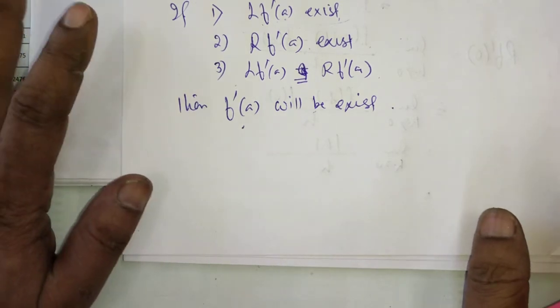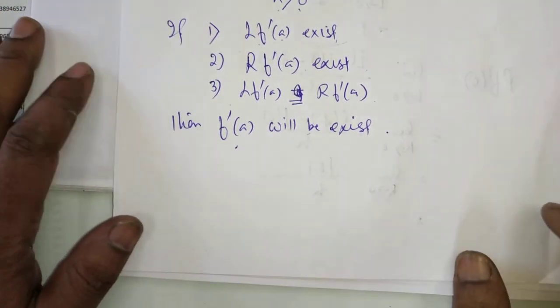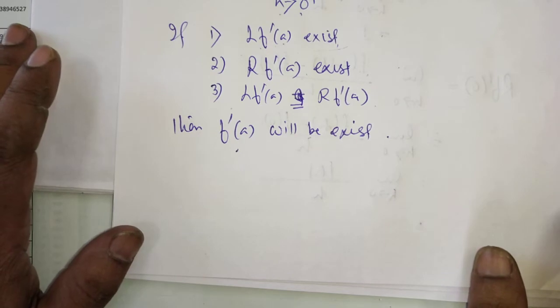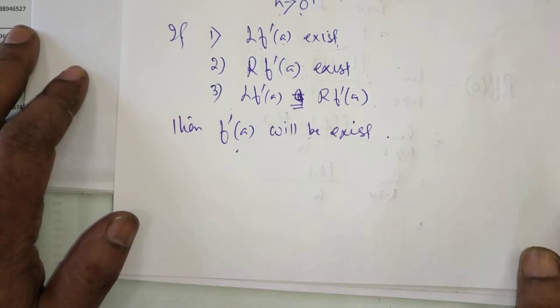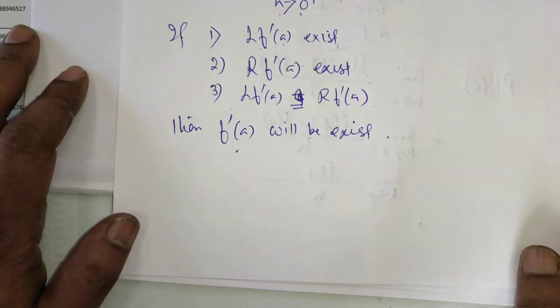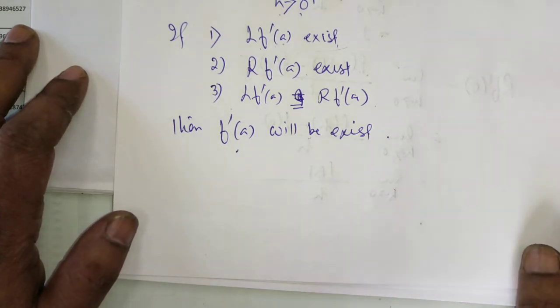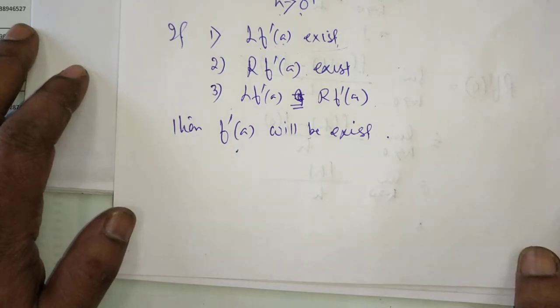Now I hope you understand what the left hand derivative is, what the right hand derivative is, and how the derivative exists at a particular point, how f dash a exists. F dash a is very important, remember, f dash a exists means there is a unique tangent at a particular point on the curve.